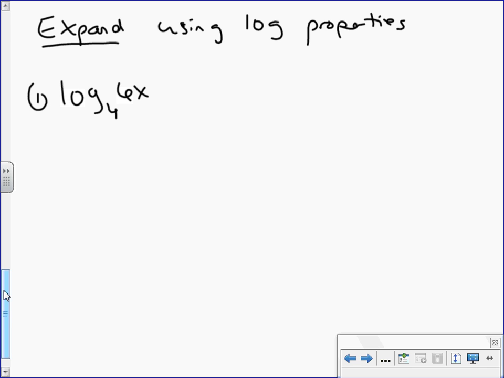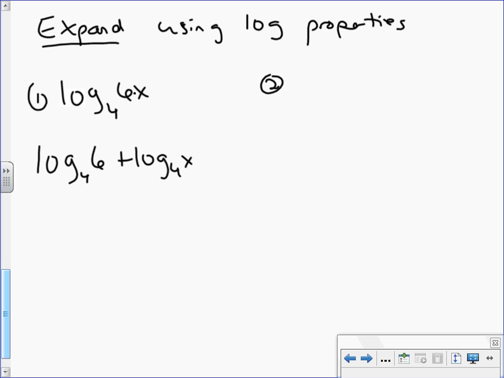Okay? And your job is to identify which of the properties you're supposed to do, and if you're supposed to do more than one of them, which order do you need to do them in. Okay? So this is a product, so we're going to use the first one up the top. So this is pretty easy. Log base 4 of 6 plus log base 4 of 8.